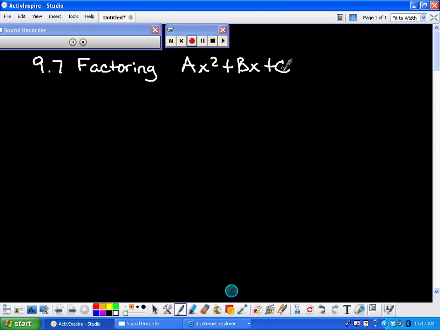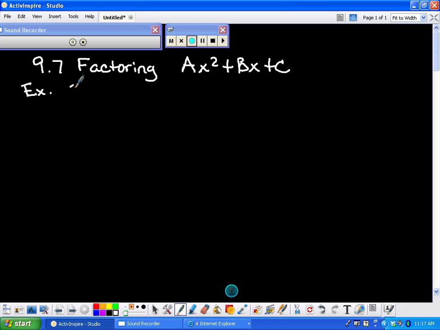It's very similar to 9.6, but I want to do this as a demonstration so that you will know how to do this in comparison to when there's just a 1 here, which is what 9.6 is about. So let's do an example together, and all the time I'm going to explain why I'm doing this.